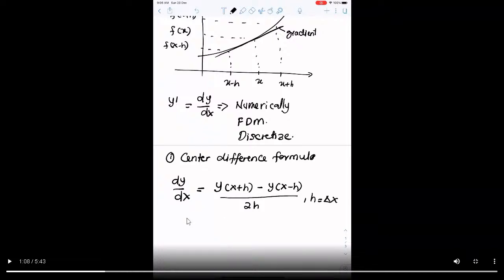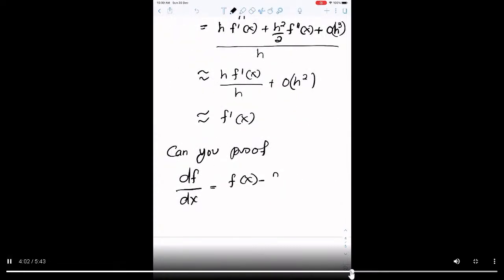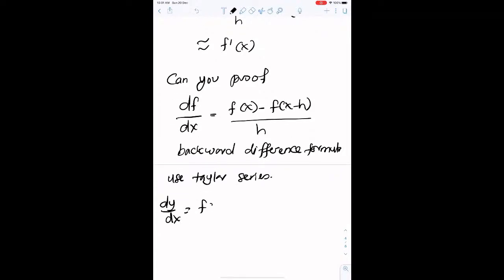The next is how we want to prove the backward. Just now was the center. Now is how to prove the backward difference formula. The formula is f(x) minus f(x-h) divided by h. We call this the backward difference formula for the first derivative df over dx. Again we use Taylor series 5.1.